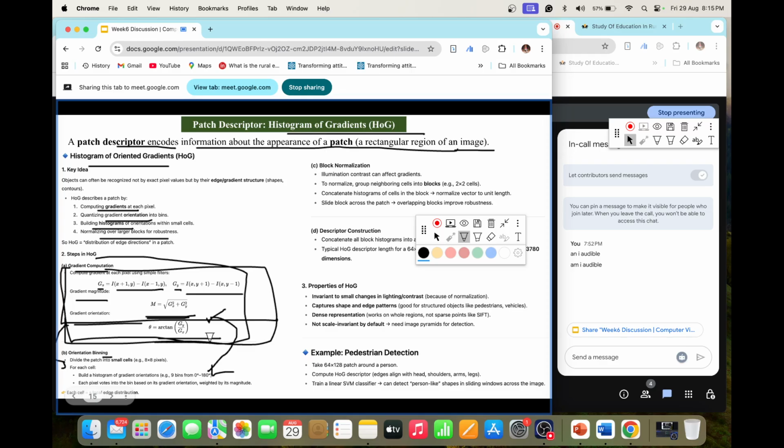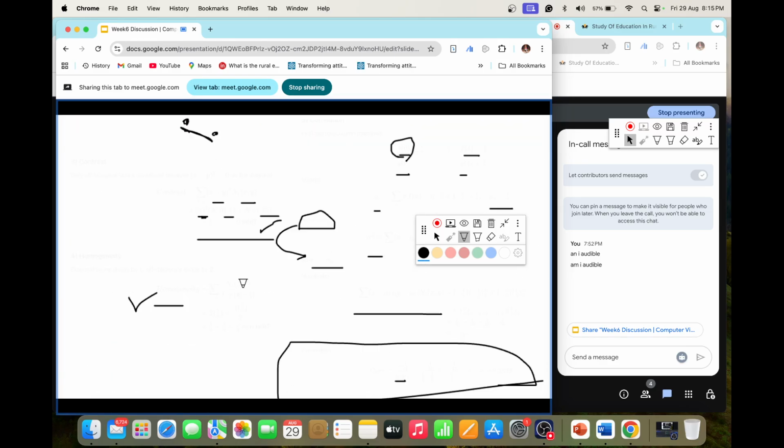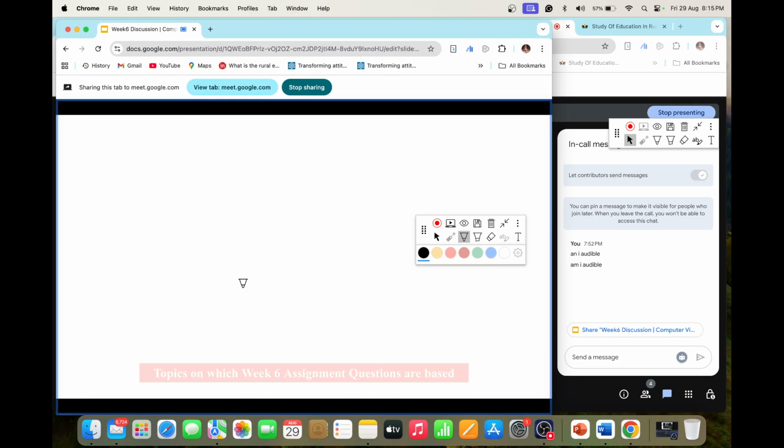Similarly, you have to calculate the direction. So what is Ix or Gx? That will be equal to I(x+1, y) minus I(x-1, y), and Gy is I(x, y+1) minus I(x, y-1). By that you can calculate this. So let's move on to the question again.